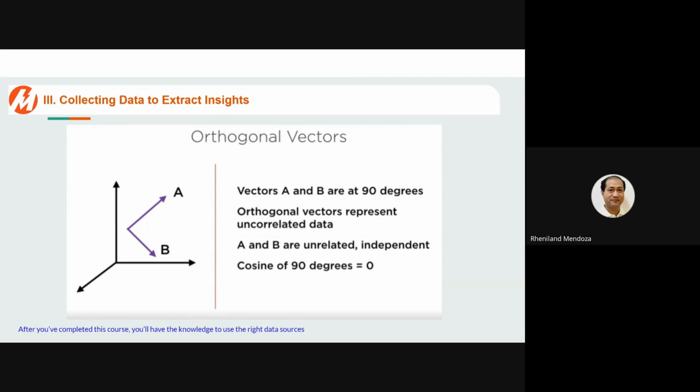So A and B are very much unrelated or independent. The cosine similarity then of orthogonal vectors: the angle is 90 degrees, which is equal to cosine of 90, 0. And again, you know that a cosine similarity of 0 means that A and B are unrelated.